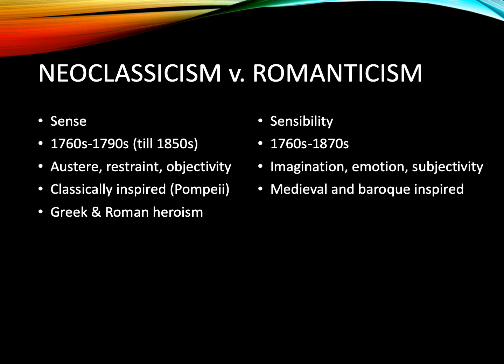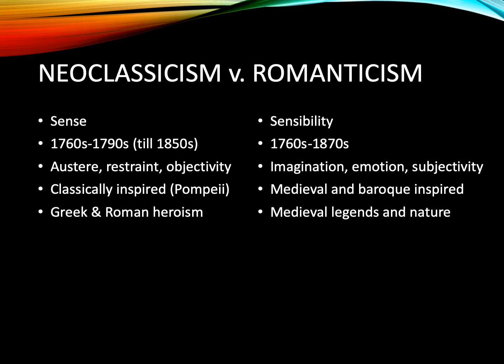In neoclassicism, we often see works that contain either mythological or historical events of Greek and Roman heroism. Whereas with Romanticism, we often see medieval legends and examples of nature, for example, John Constable and Turner were both romantic artists.